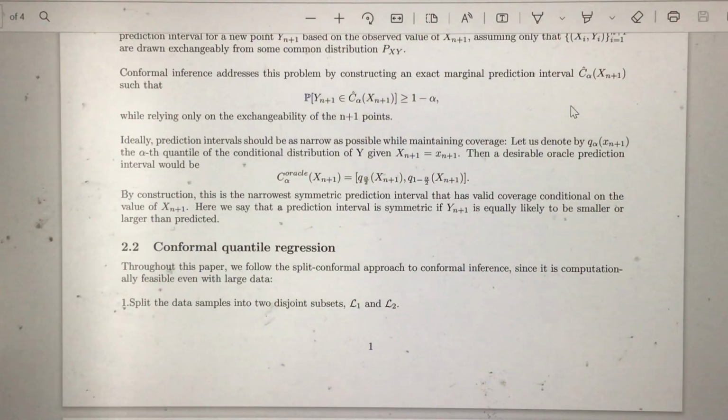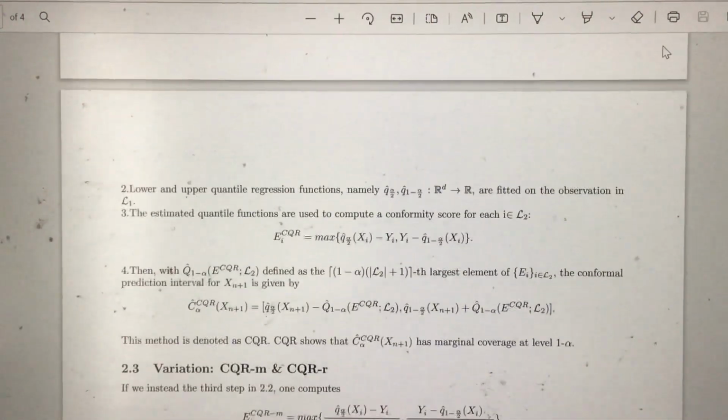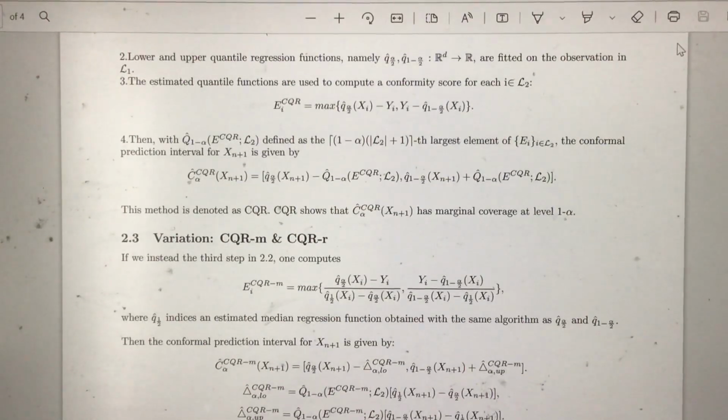They have several steps. The first one is to split the data samples into two disjoint subsets, L1 and L2. L1 will be the training data, and L2 will be the calibration data. The second step is that the lower and upper quantile regression functions are fitted on the observations in L1.